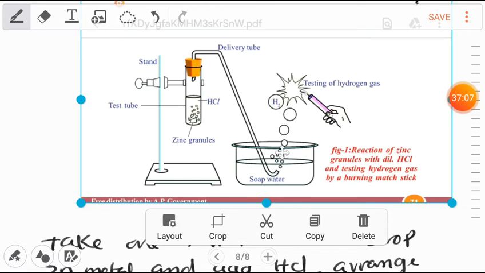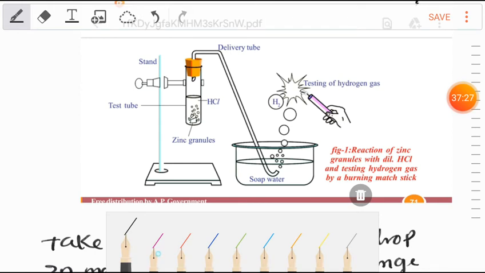We're going to test for that gas. In the downward displacement of water, we're going to bubble the gas, and then if you keep a burning splinter near it, it will give a pop sound. I haven't written it here, I will write it here. It gives what sound?